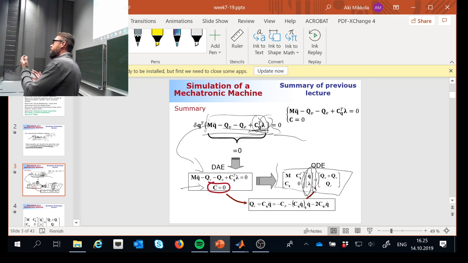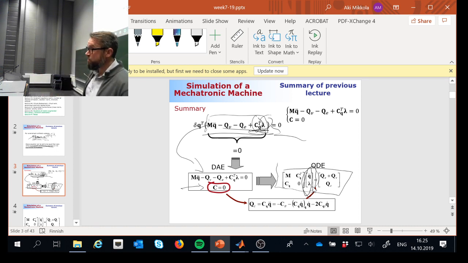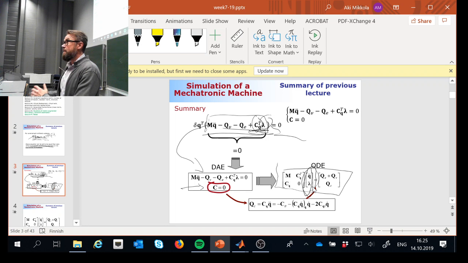One tells you the configuration, because that's exactly what the generalized coordinates do for you. The other is the Lagrange multipliers, the reaction forces due to the constraints. These two sets are what you must solve when solving the responses of your dynamic system. So that's how it goes.